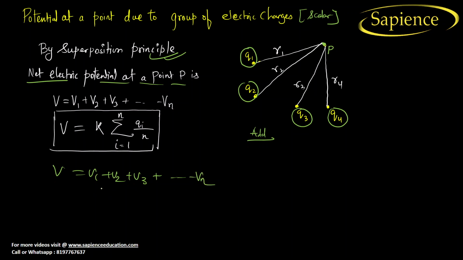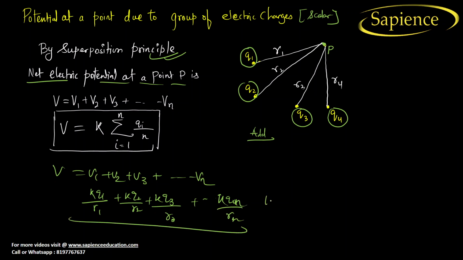Now in place of V1, we put KQ1 by R1 plus KQ2 by R2 plus KQ3 by R3, just putting the respective values, and finally KQn by Rn. K will be common, and what is not common is Q1 by R1, added on up to Qn by Rn.